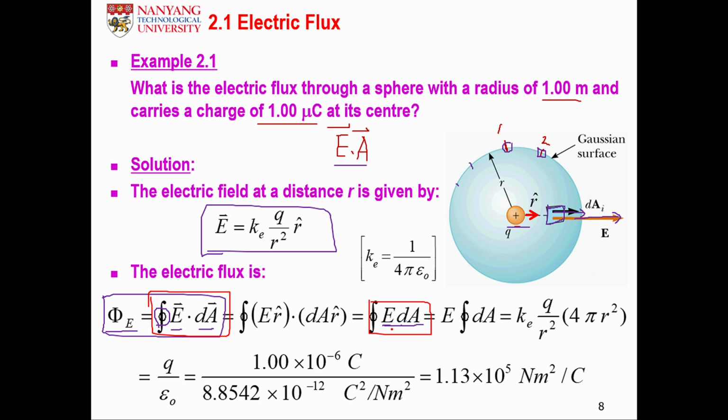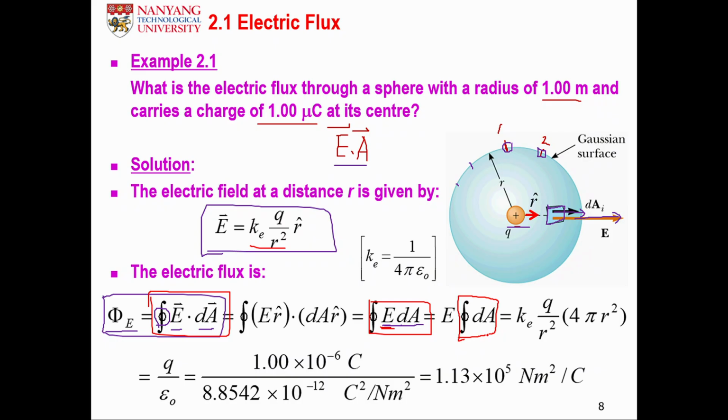And again, if we only consider the magnitude, E should be constant. It's just that the direction keeps changing. But if we only consider the magnitude, E is constant, because you can see here it's constant. So what you need to do is just the integration of dA.